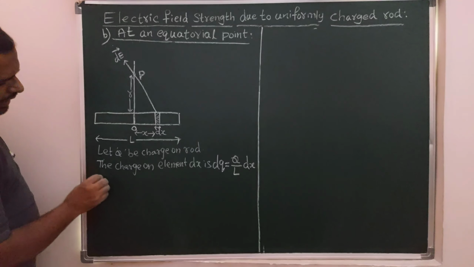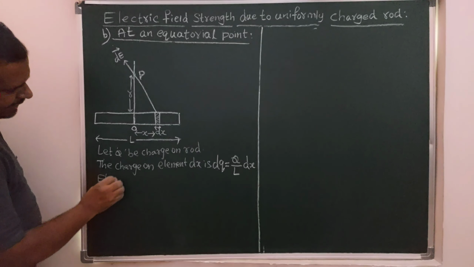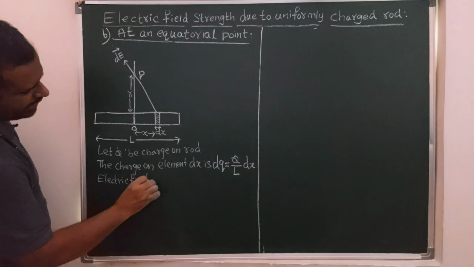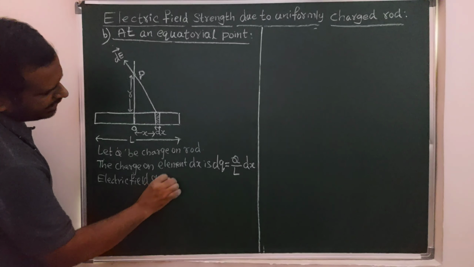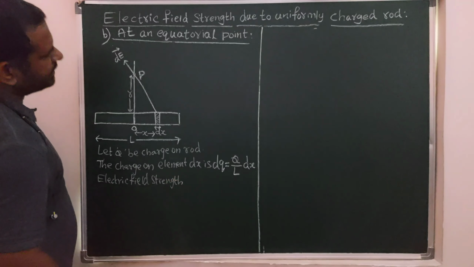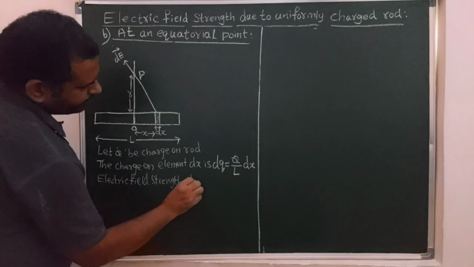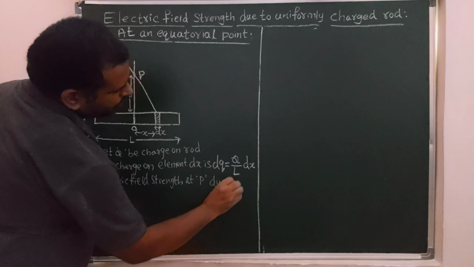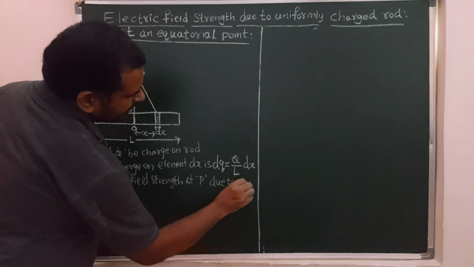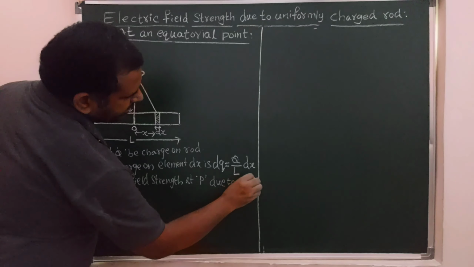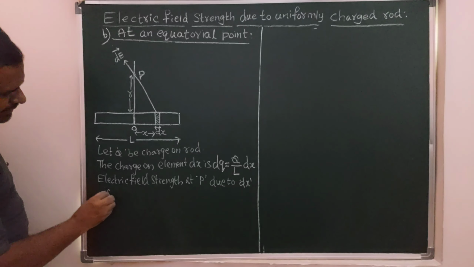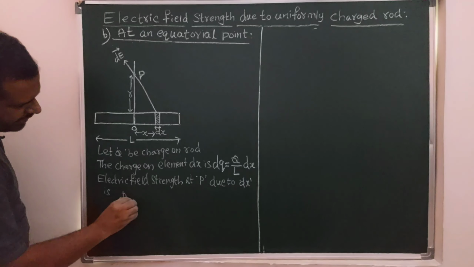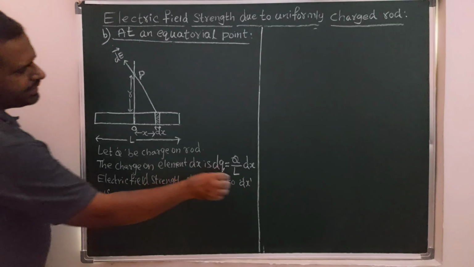The electric field strength at P due to dx is dE, very small because the length is very small.